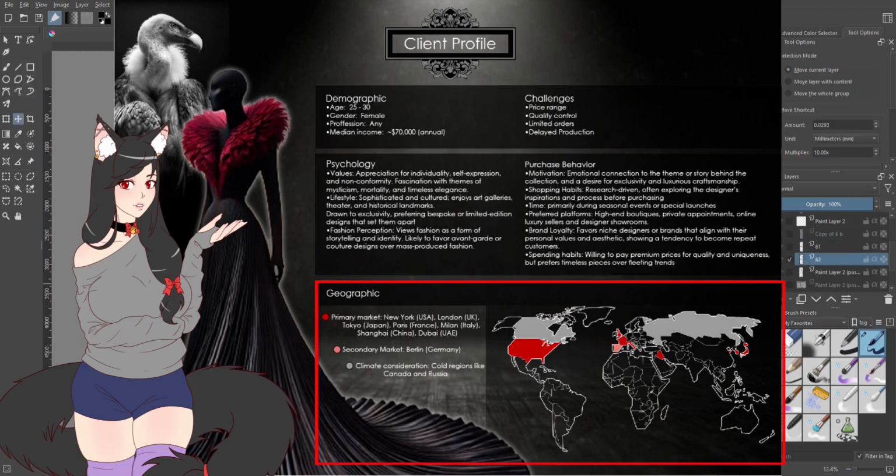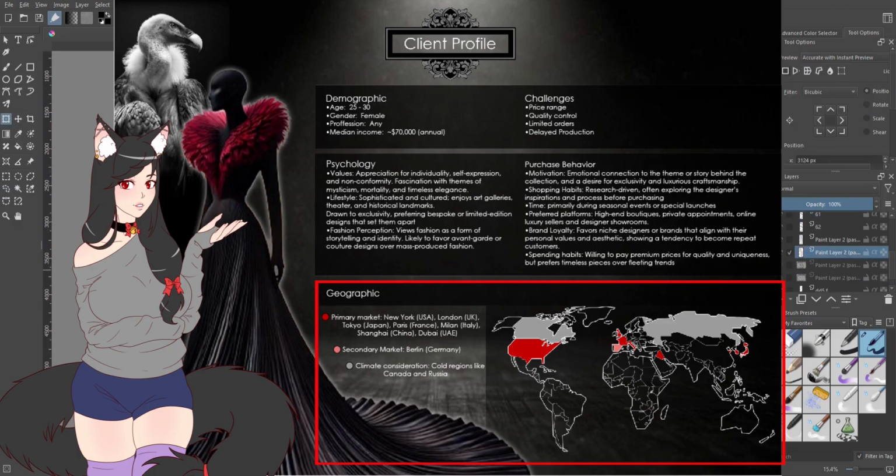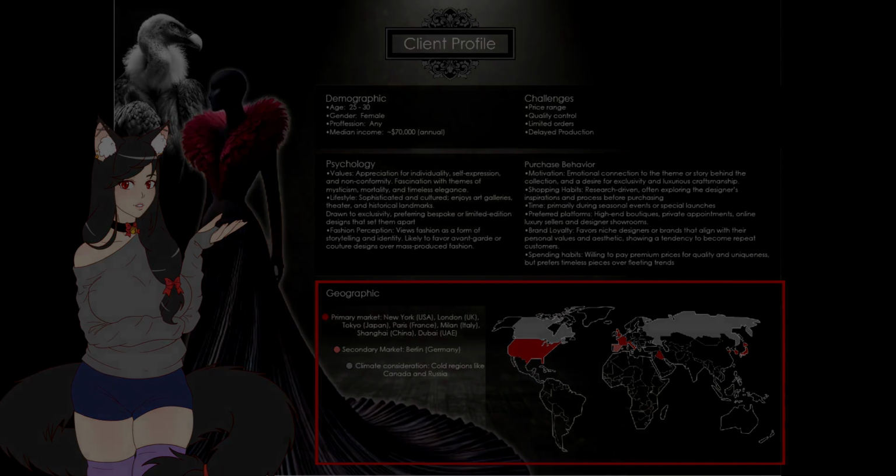Since Gothic fashion and Gothic elegance has a lot of layers that go into it, you need to understand that it will not be favorable for somebody in a warmer country to just walk around with multiple layers, feathers, and fur. So colder regions like Canada and Russia are very much on the cards for my client base.